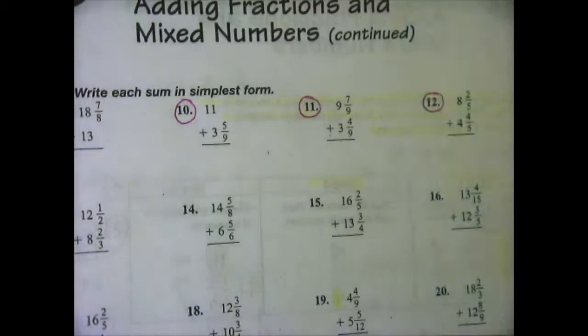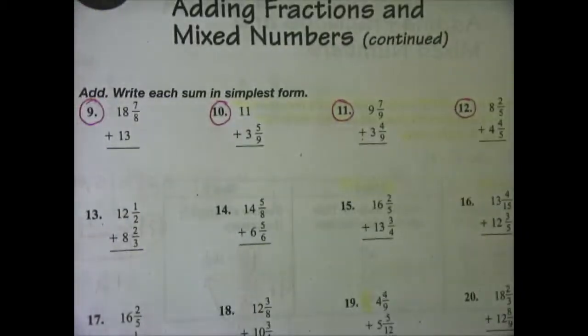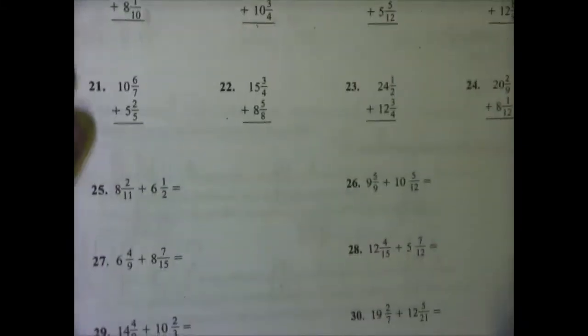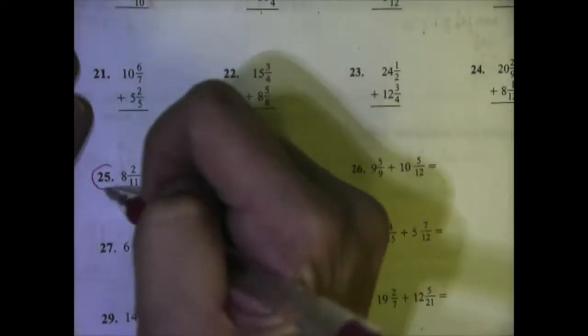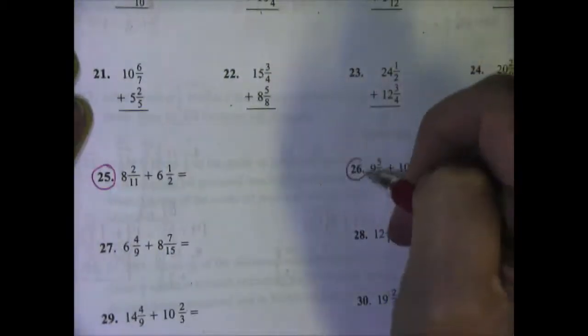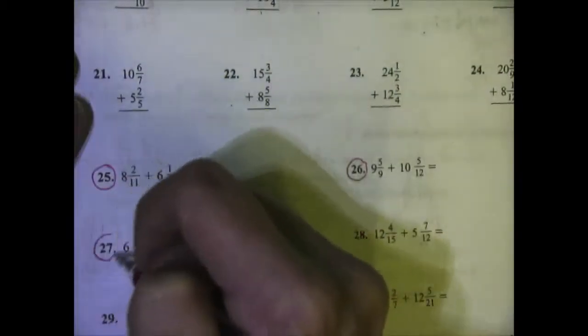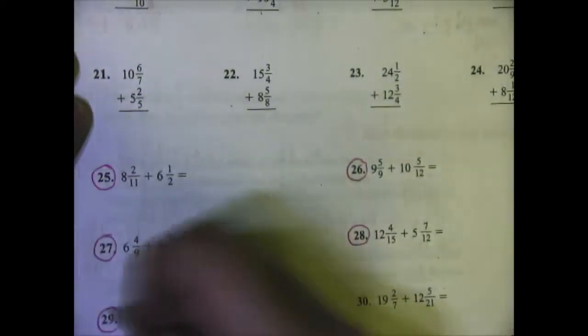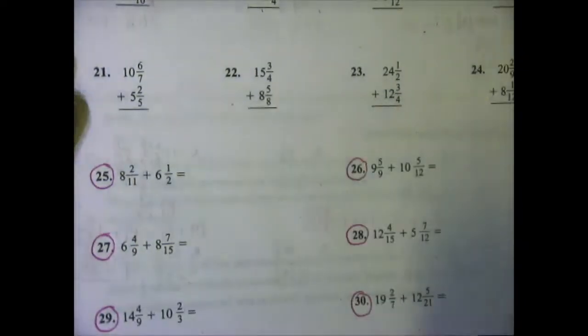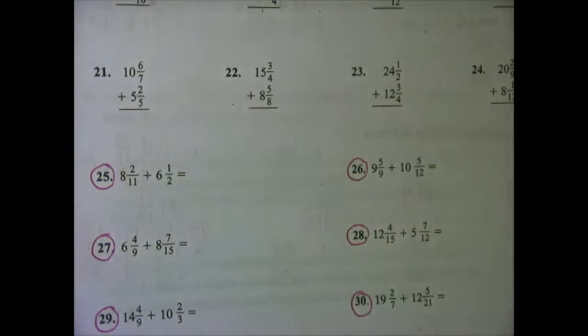Now notice that these all have common denominators or only one fraction, so there's not a lot of work to do here unless you have to simplify. And let's go down to the bottom ones that work horizontally for the ones with unlike denominators. Let's do 25, 26, 27, 28, 29, and 30.